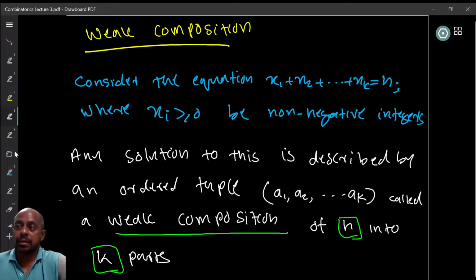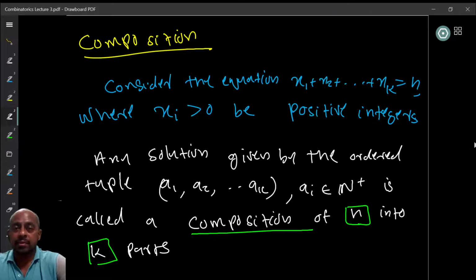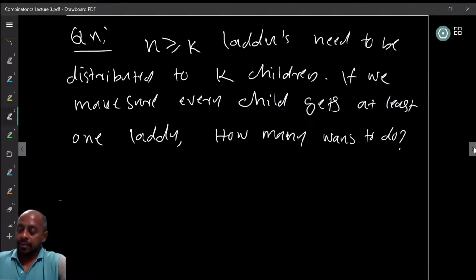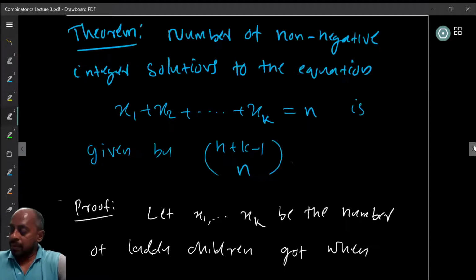Weak compositions are the solutions with xi greater than or equal to 0 instead of xi strictly greater than 0. So we found out that the number of compositions is precisely the ways of distributing sweets to children, right? So we had a great time solving this. Now we want to solve the other question, right?